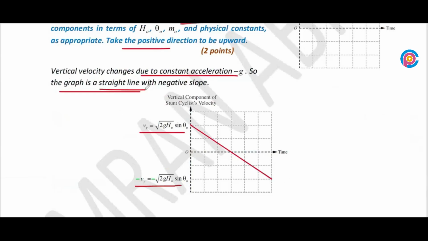That's why the line is straight, and the slope is negative because the value decreases from positive to negative. The line is straight because the external force is constant, the acceleration is constant, and the change in velocity is uniform. That's why it decreases in this pattern.